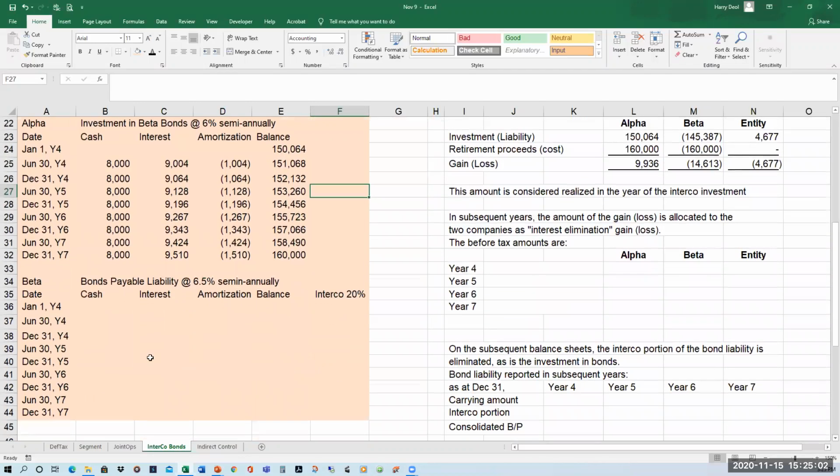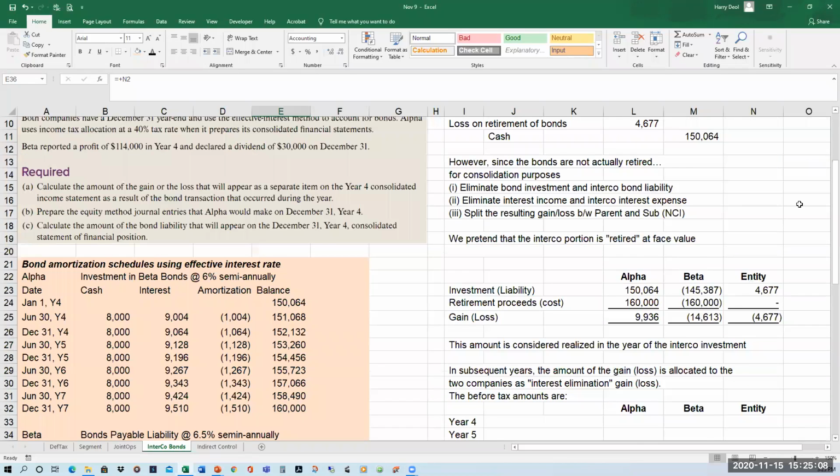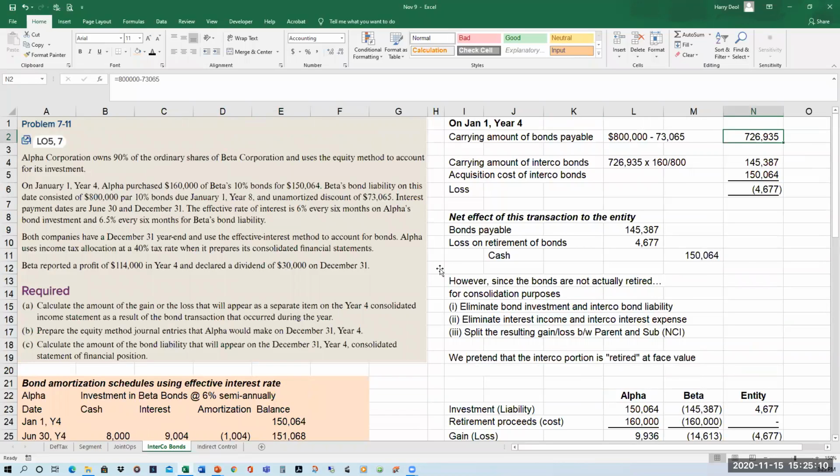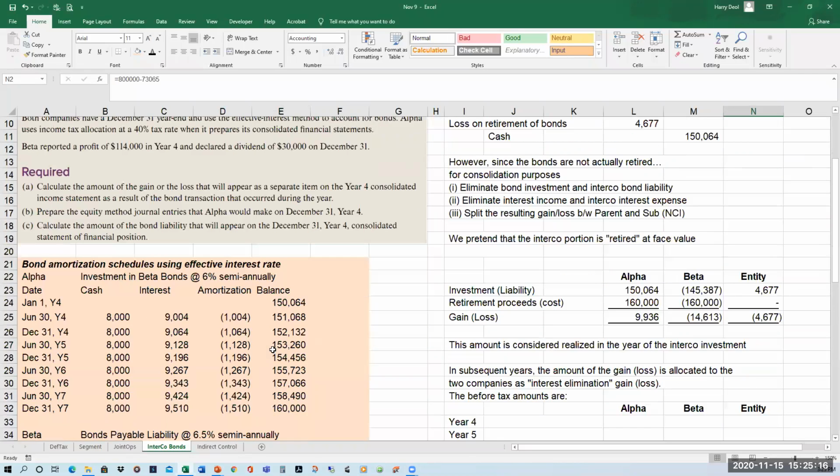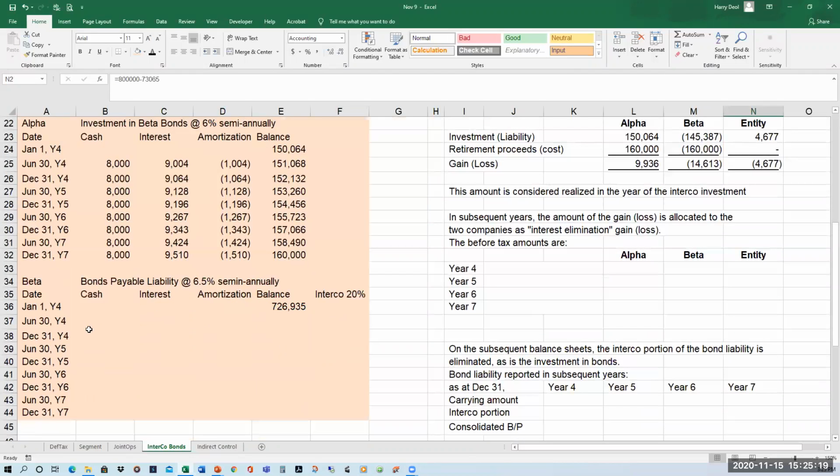Similarly, for the liabilities, the bond payable liability, we start with a balance of 726,935. The effective rate for the bonds liability for Beta is 6.5%. Using 6.5%, every 6 months, Beta will be paying interest on the bonds, $40,000. The interest expense will be calculated at 6.5%.